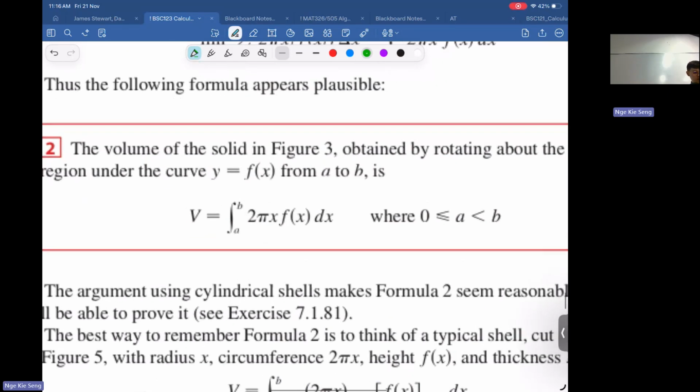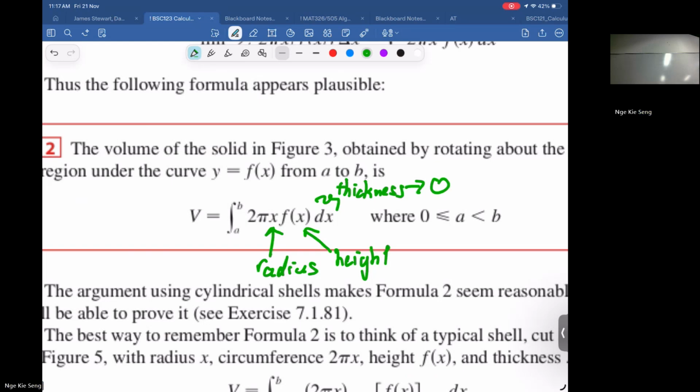The formula you want to remember for this cylindrical shell calculation is the integral of 2 pi x f(x) dx. What is x here? x is the radius, and f(x) is the height, and dx is the thickness that we will take to 0.